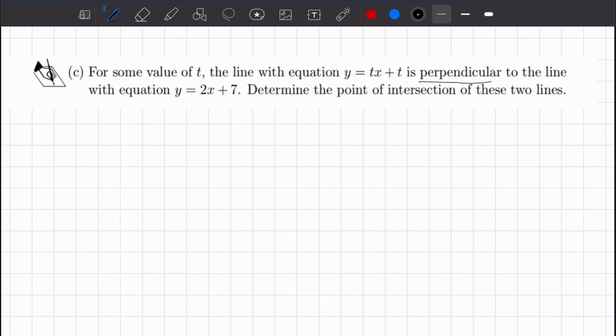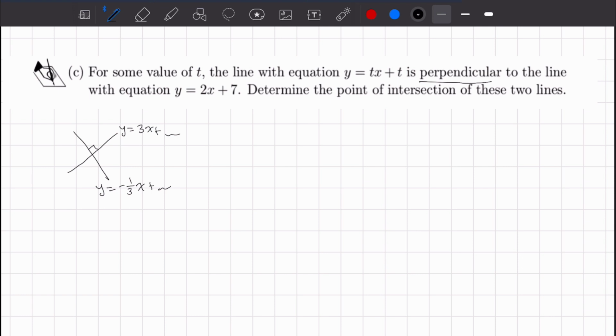When two lines are perpendicular, the slopes of the two lines when multiplied should equal -1. For example, if this is y equals 3x, then this line should be y equals -1 over 3 x plus something. When it's perpendicular like this, the two slopes multiply to -1.